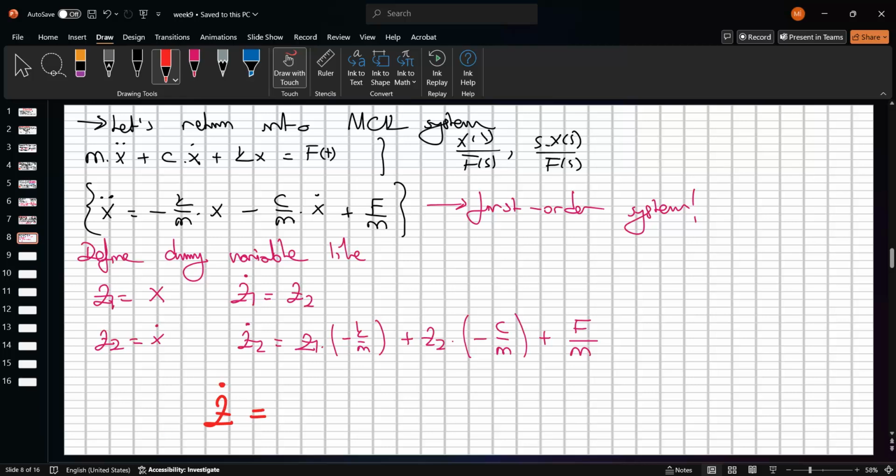Z dot is equal to, this is a 2 times 1 vector here, right? And at the right hand side we have z, and we need to define a new matrix here, A. Z dot is equal to A times Z, plus we also have a force value or input value here.